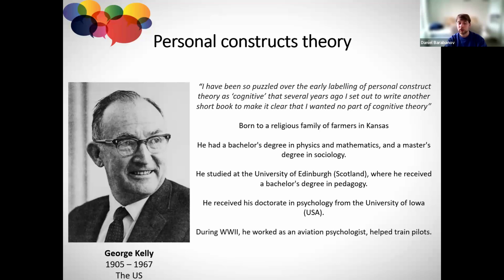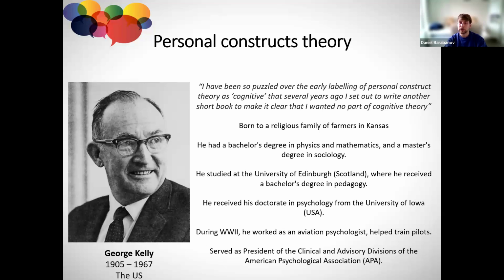During World War II, he worked as an aviation psychologist and helped to train pilots for the United States Army to fight Nazis and fascists in Europe. And eventually, he served as the president of the clinical and consulting divisions of the American Psychological Association. It's actually quite an honorable title. Unfortunately, as you can see, Kelly died quite young.